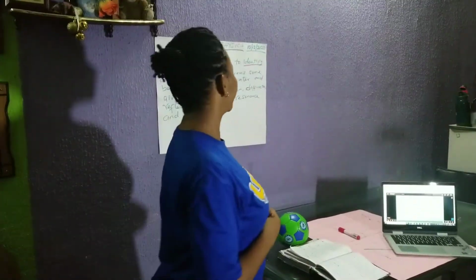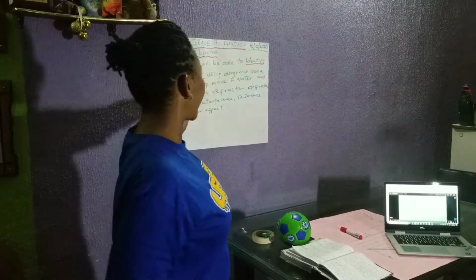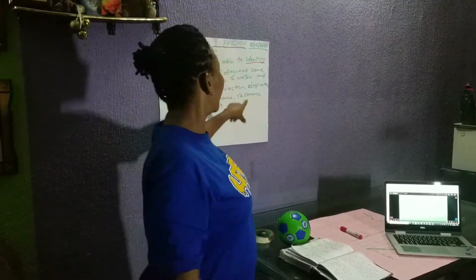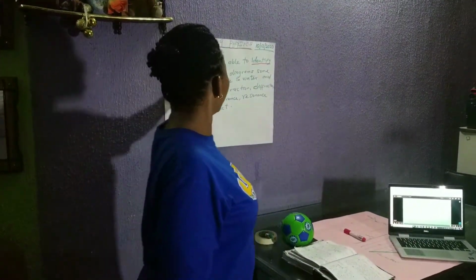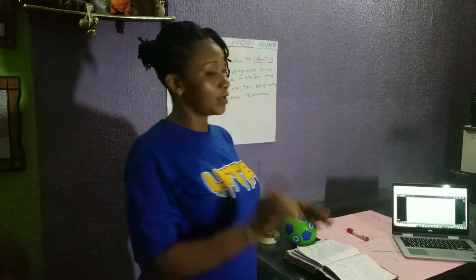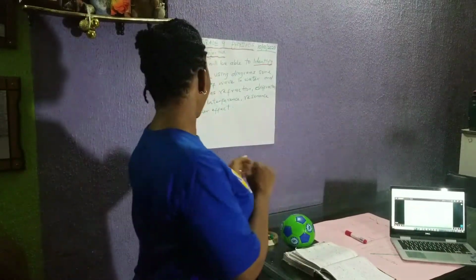Today, the objective of today's class is to identify and describe, with the use of diagrams, the behavior of waves in water and in air. There's a way that waves behave.